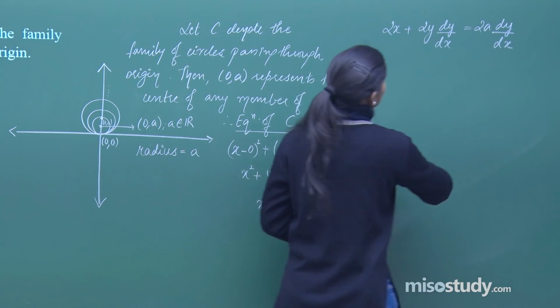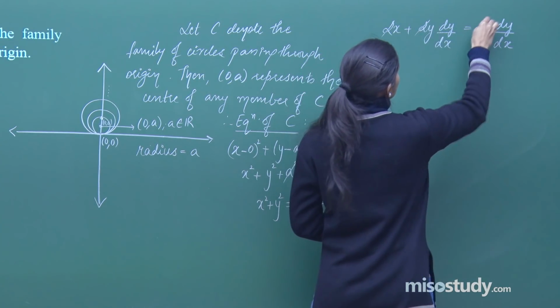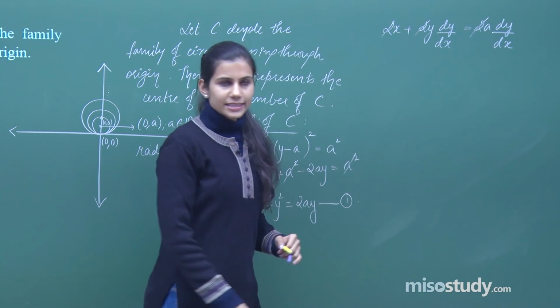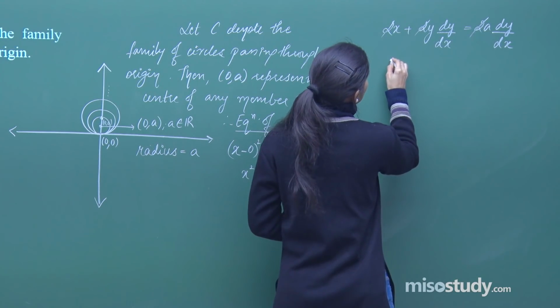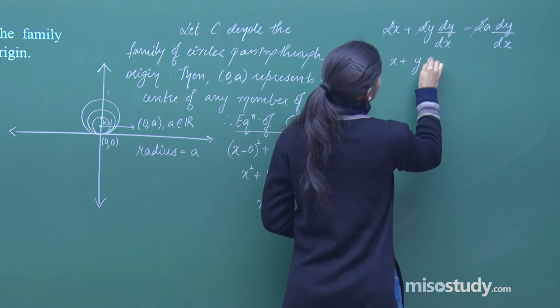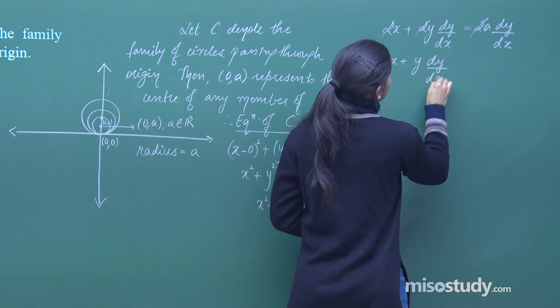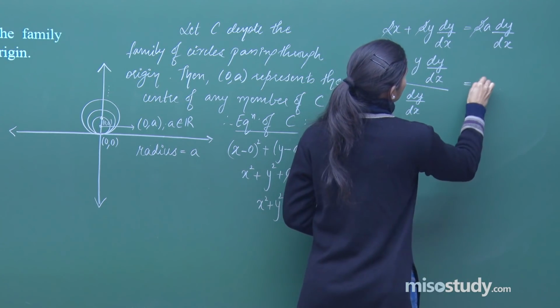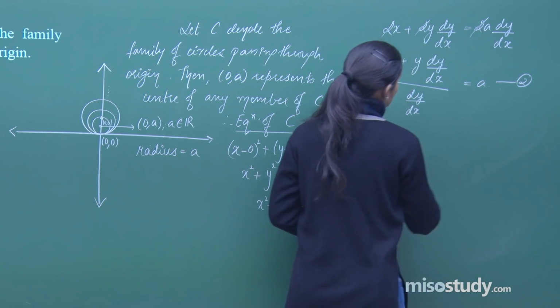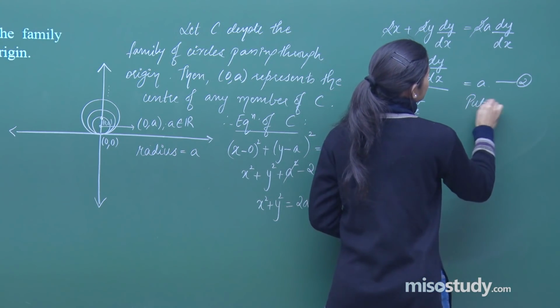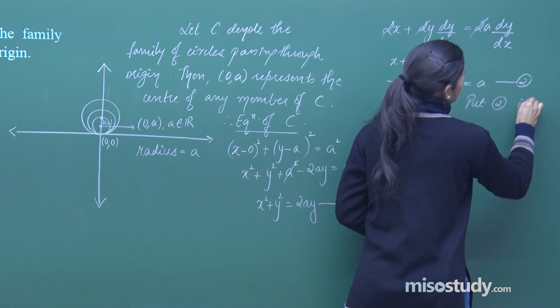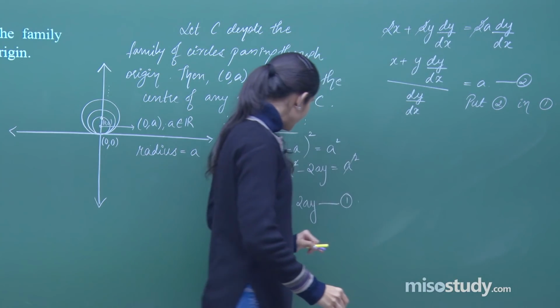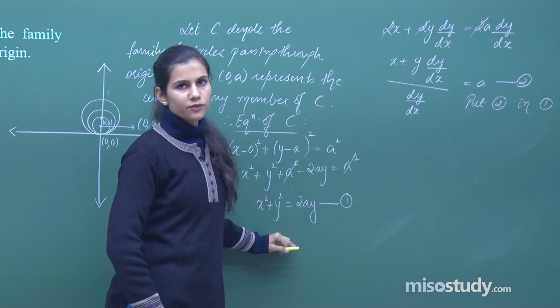From here I will find the value of a. 2 comes out common from both sides and gets cancelled. So you have (x plus y dy by dx) upon dy by dx equal to a. Now I put this value of a in equation 1 so that I get a differential equation which is free from a.